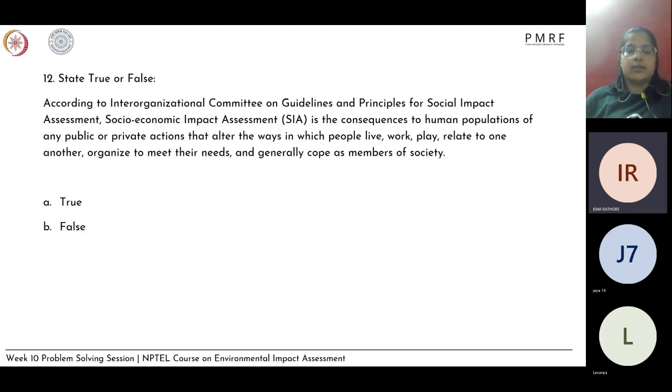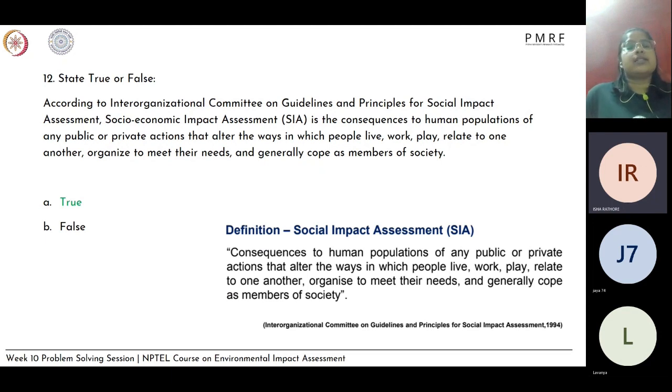Please remember the definitions or have an understanding of what the definition means to answer questions relating to definitions. Okay, so in this case, the statement is true. This is the definition as described by the Inter-Organization Committee on Guidelines and Principles for Socioeconomic Assessment in 1994 for social impact assessment. So the statement is true.